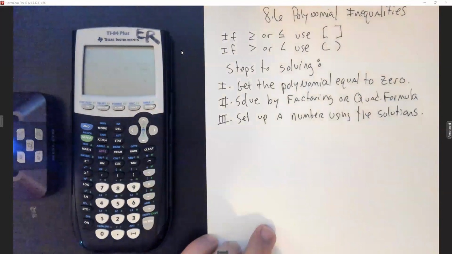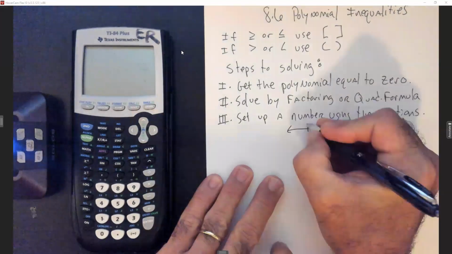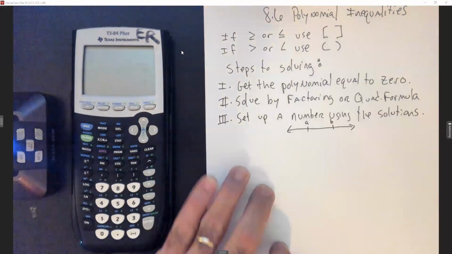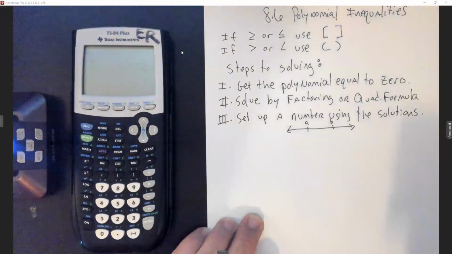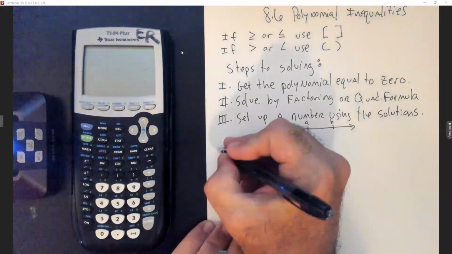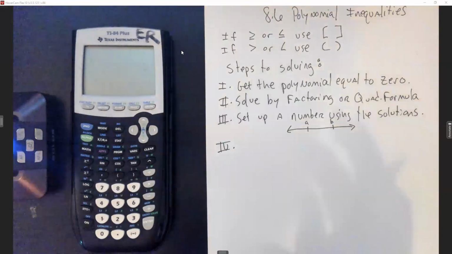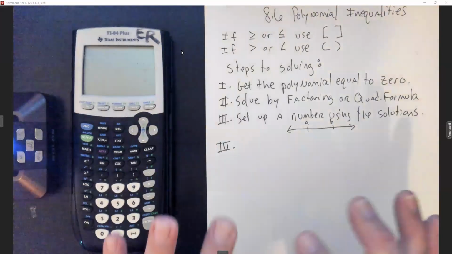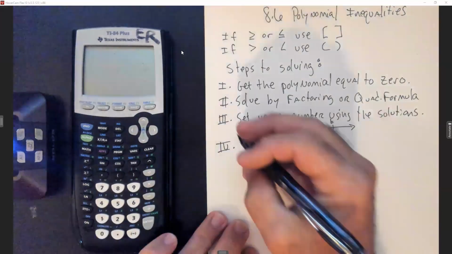So that'll be a little number line here, and I'll have my two answers. Once you get this number line set up, we got to figure out where to shade it to get the answers.